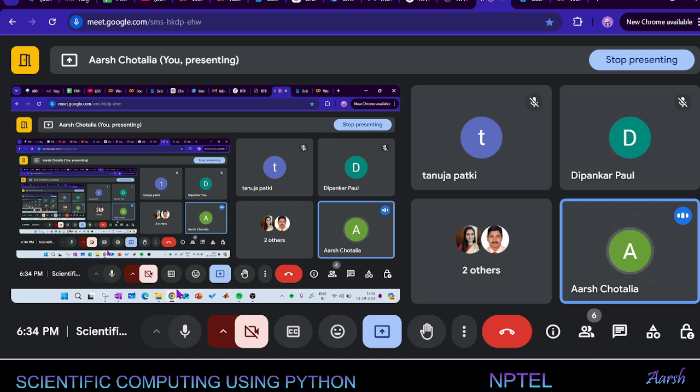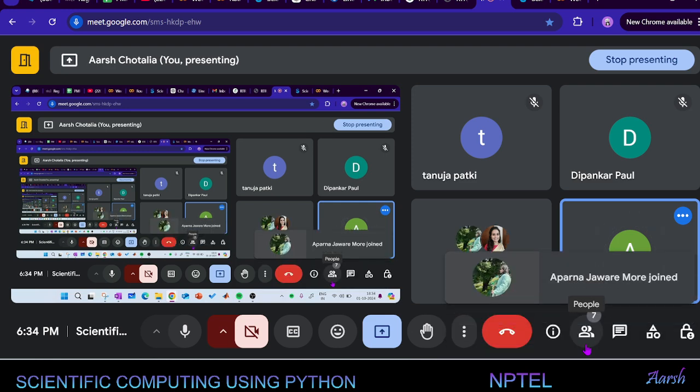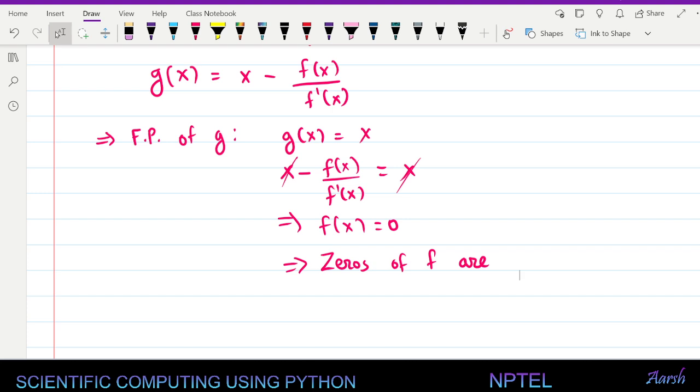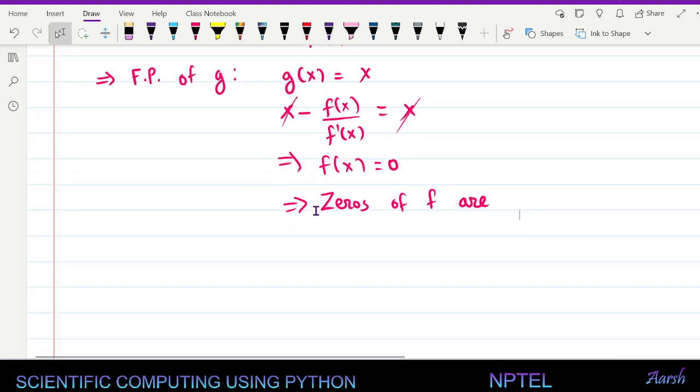Let's wait for a minute. If she does not join, then we'll continue. Can you see the screen, Aparna? Yes, now it's visible.